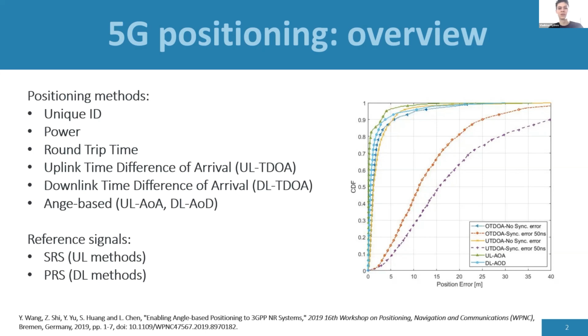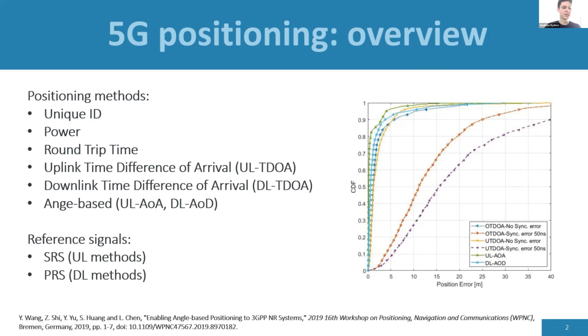In uplink, we typically use the sounding reference signal for angle-based estimation, and the positioning reference signal for downlink methods. On the right side of the picture, you can see the CDF of error for different positioning methods, including angle-based ones.